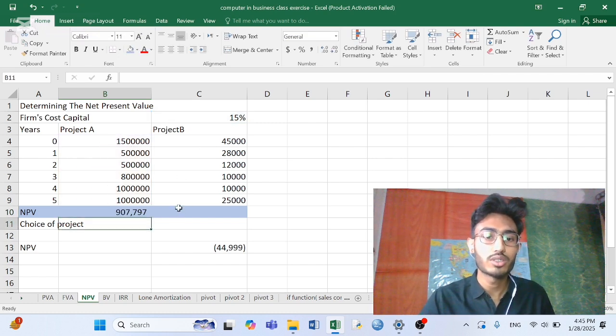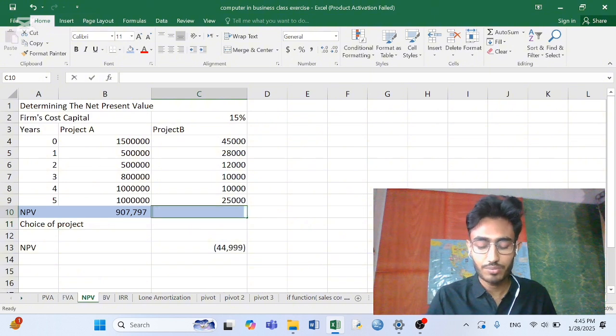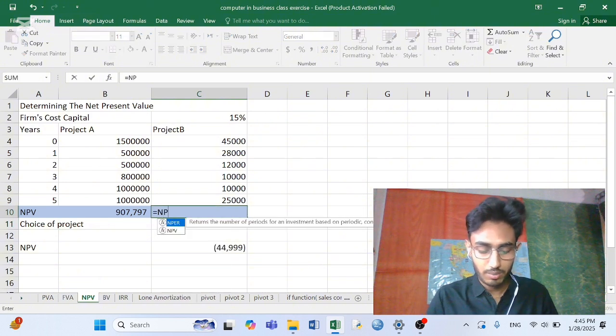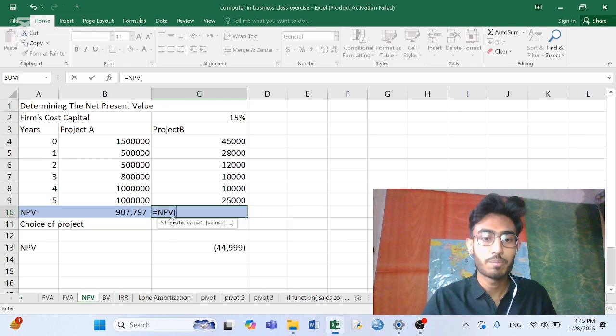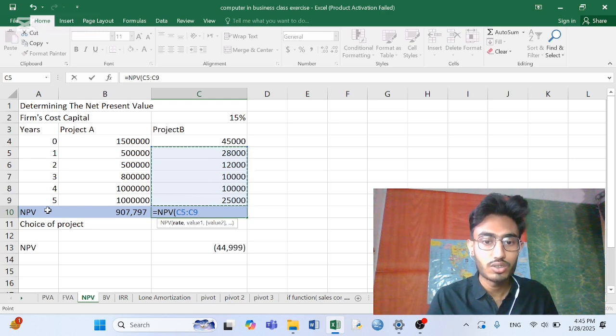And for project B, it's going to be the same, equal NPV. Then select the formula, the rate is 15%, and the values are from here to here. It's from year 1 to year 5. Then we don't have anything else. Well, there is a mistake.